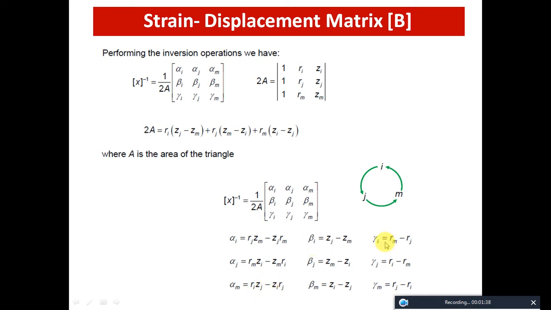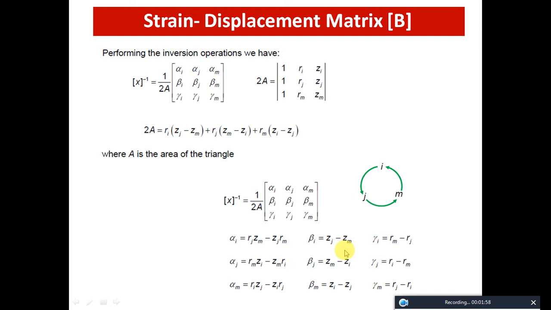Similarly here, this beta and gamma involve only individual coordinates. So beta stands for the difference in the z coordinates, and gamma stands for the difference in the radial coordinates. So here i, j, m, j, m, i, m, i, j.